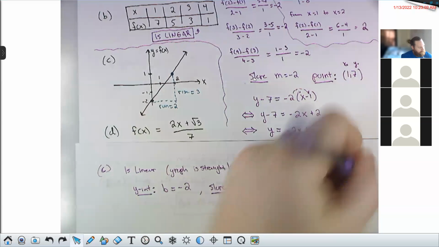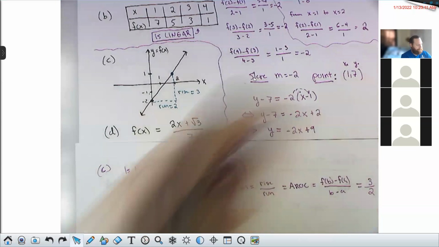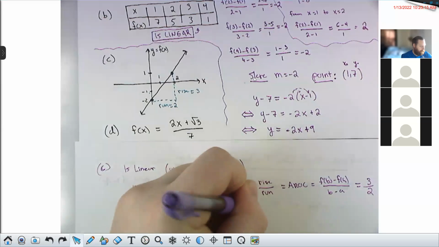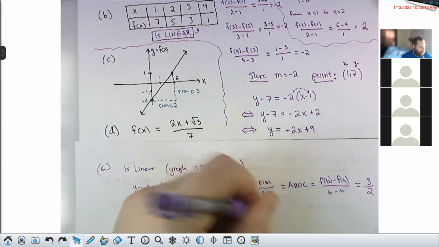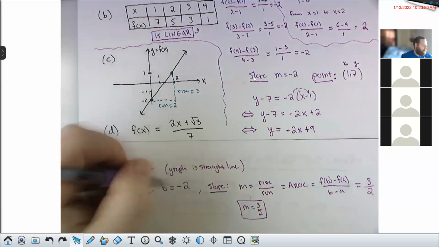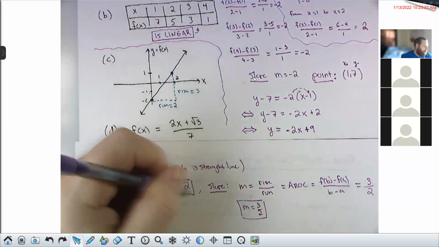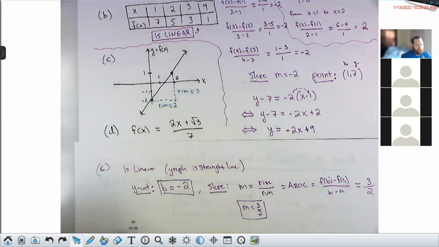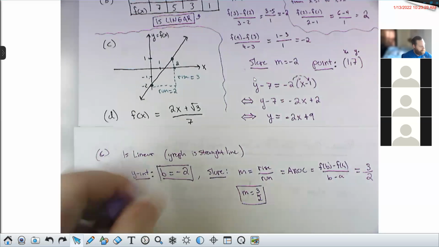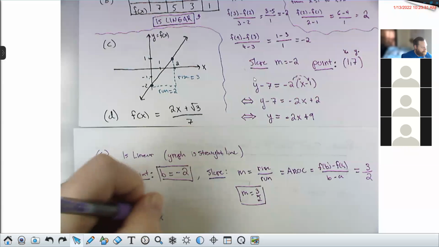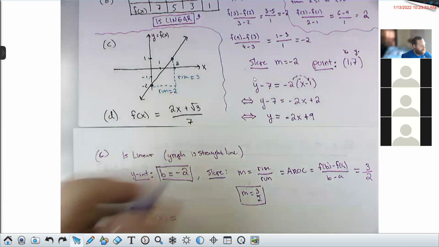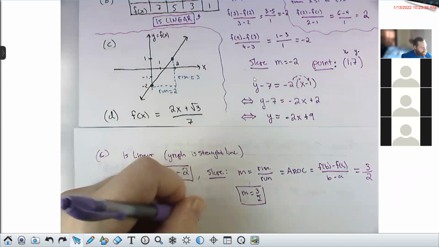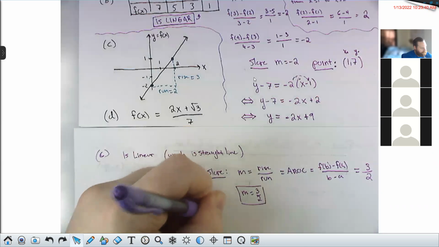However you want to think about it, it's 3/2. Therefore, f of x here can be written as 3/2 x minus 2.